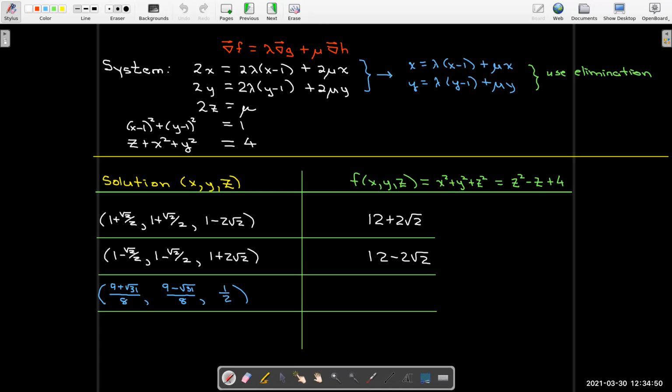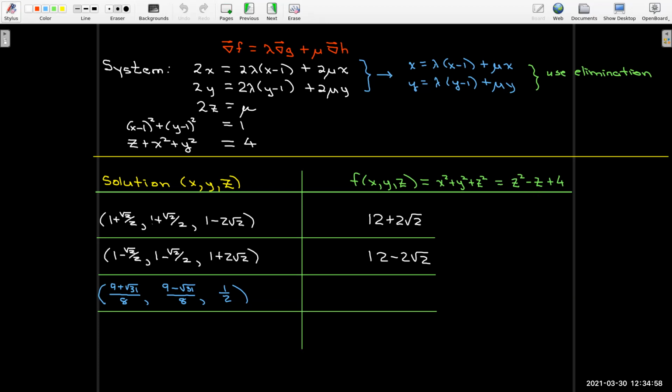So using this form for the objective function is really going to help us out here. And so that evaluates to 15 over 4. And if I use the conjugates for x and y, still at the same z value, I get the same value from the objective function.